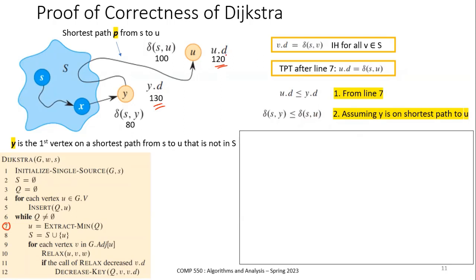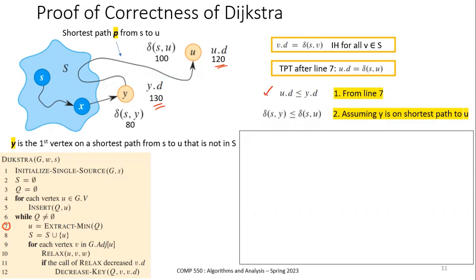So U.d and Y.d must have a relationship: since we've picked U from the min priority queue, which had the lowest estimate, clearly the estimate to Y must be larger than U, or perhaps at least equal to U. So U.d has to be less than or equal to Y.d. So I've made Y some number larger, let's say 130, which is bigger than the estimate at U.